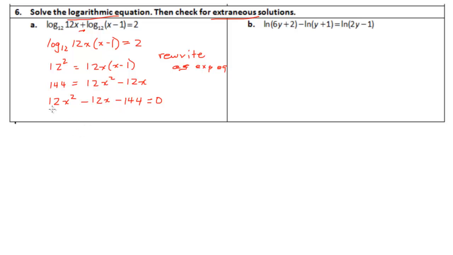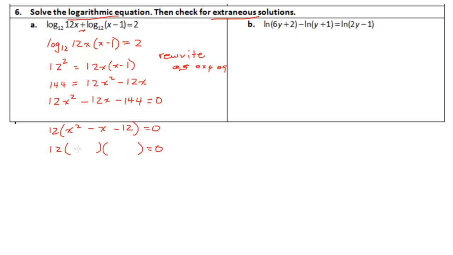Divide out 12, that's a common factor, so we have 12 times x squared minus x minus 12 equals 0. And so this 12 doesn't really count. We just need to solve this part here. I'll just go ahead and keep the 12 out there.